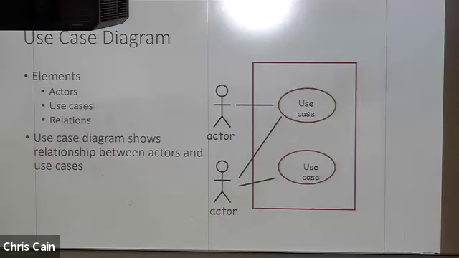So a use case diagram, we have actors who are the people using the system. Each of those people using the system are going to use the system for a different reason or purpose. We're going to call those use cases. What is this person trying to get out of this?